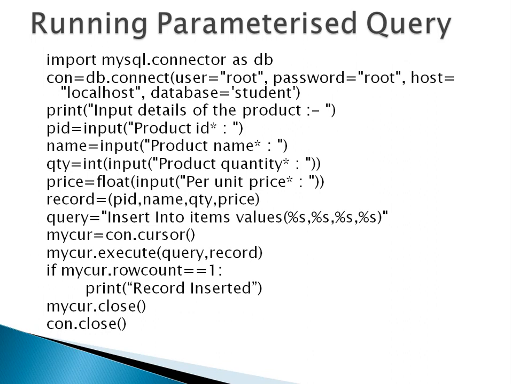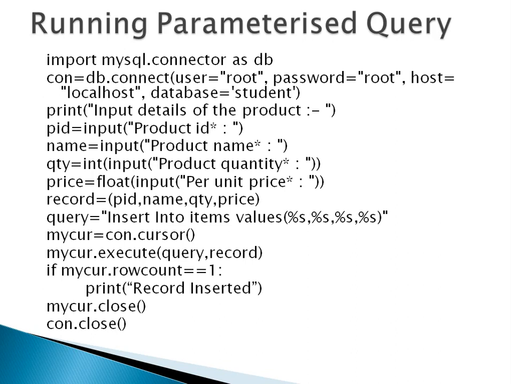Now we have a new concept called parameterized query. A parameterized query is a type of query where the values used in the query are provided by the user. You are not going to provide any value yourself. You will be asking the user to enter those values, and on the basis of those values you will get that query executed.